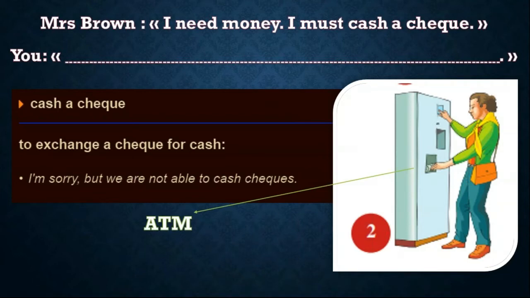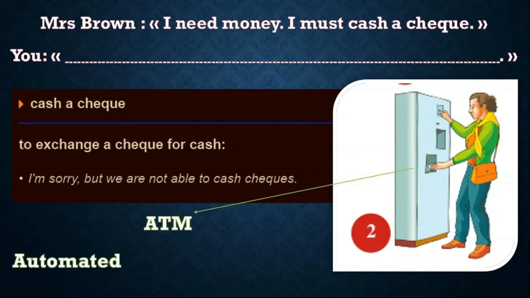Do you know what an ATM is? Where do you find the ATM? It's outside the bank. All right. So right now I will tell you what an ATM is.